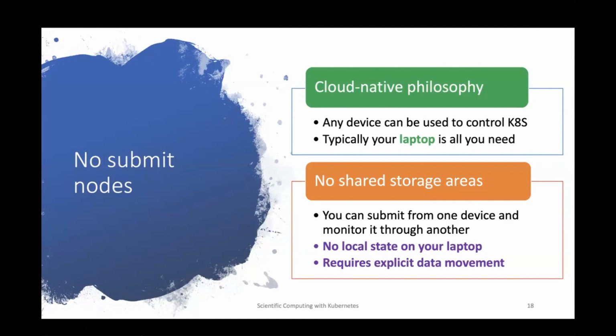Everything is managed by Kubernetes, which also means that you will have to explicitly move data between your submit node, which would be your laptop, and the Kubernetes system you're talking to, which is a little annoying and inconvenient, but that's how it is, and you will have to deal with it.